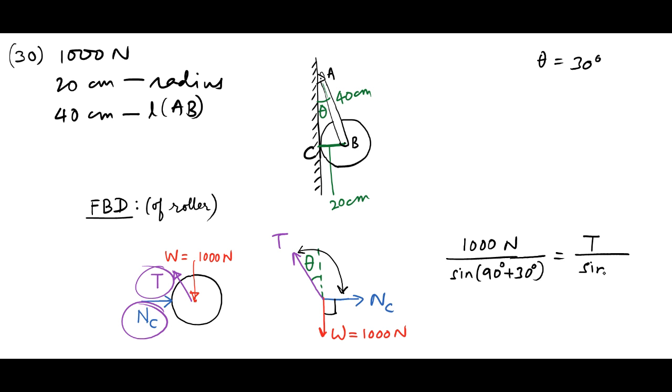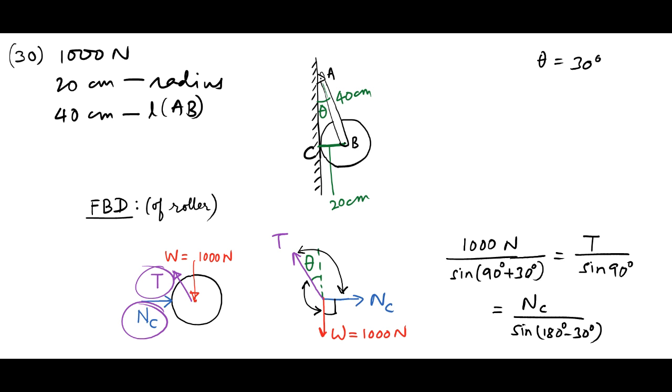Now that's 90 degrees, so sine 90 degrees, equals, and the third force is the normal reaction of the wall, so that's NC divided by the angle between the remaining two forces, sine of 180 degrees minus theta, 180 degrees minus 30 degrees.